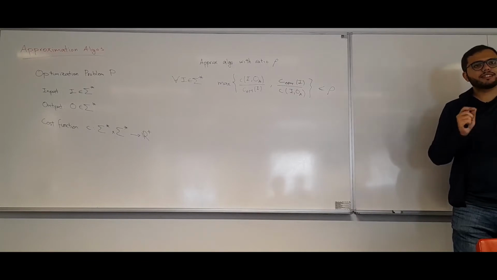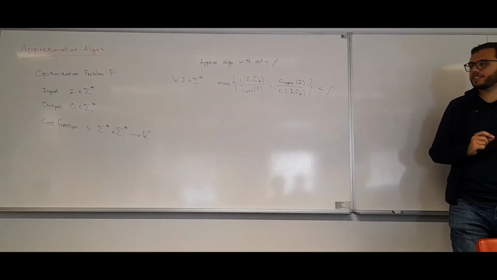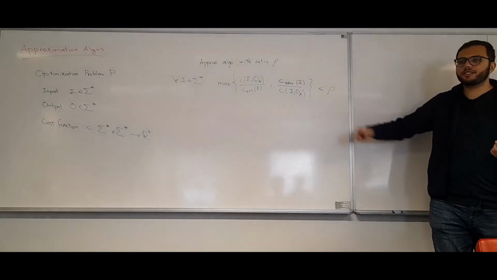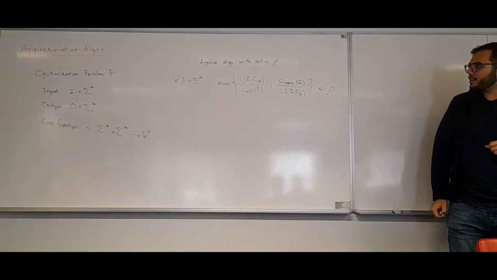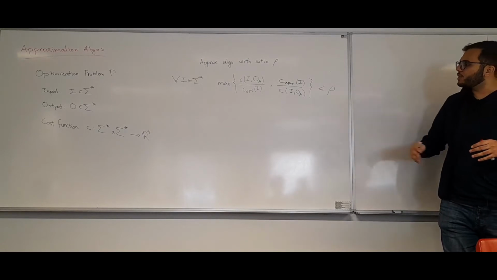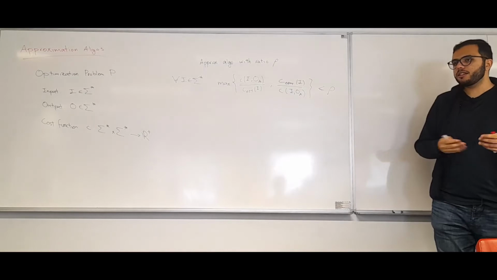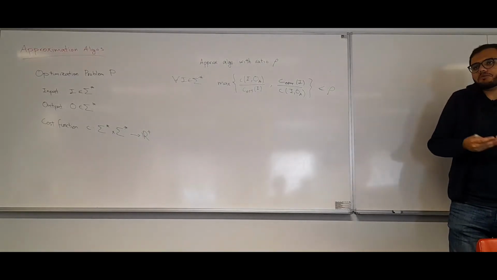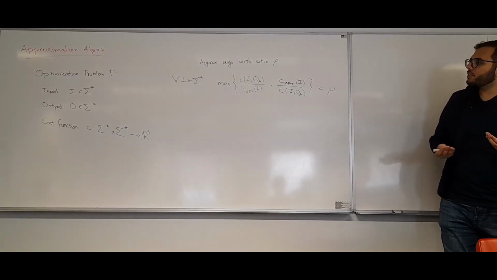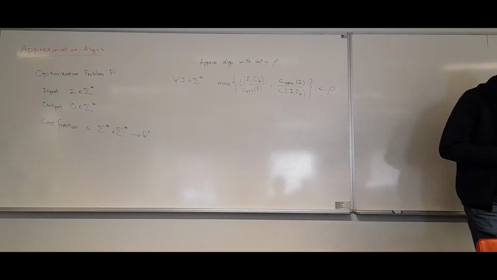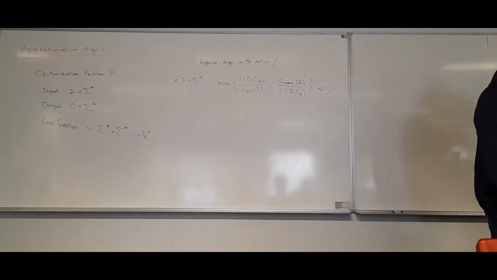We have an 8/7 approximation for max 3 set. So this rho is always going to be at least 1 with this definition. But yeah, it makes things nicer. We only talk about approximation ratios that are greater than 1. And what we mean would be clear based on whether we're solving a minimization or a maximization problem. Okay.